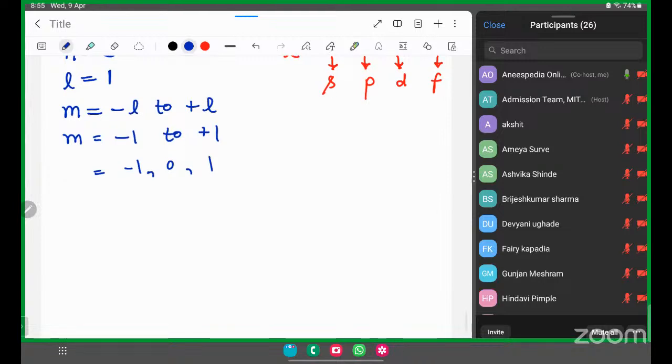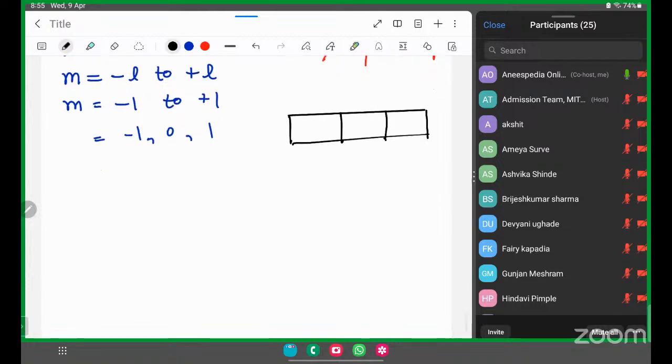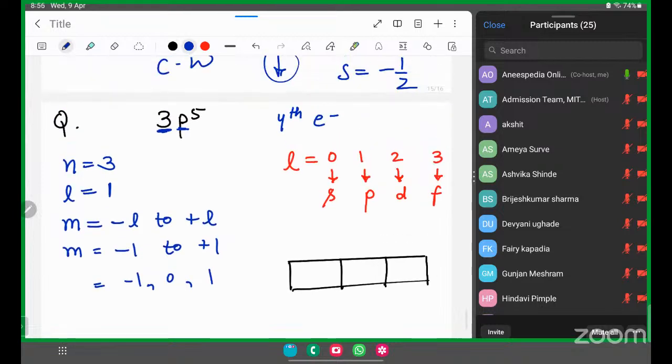Three different values of M indicate that the P subcell has three orbitals, and electrons will be filled in these three orbitals.